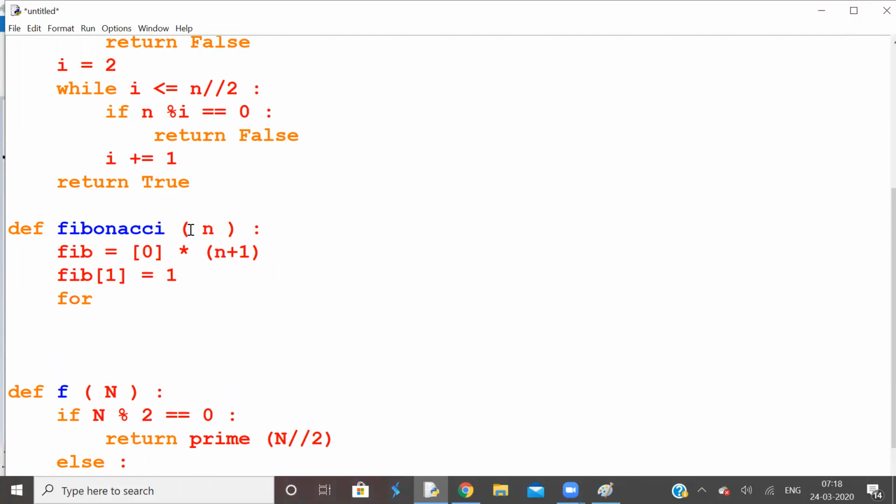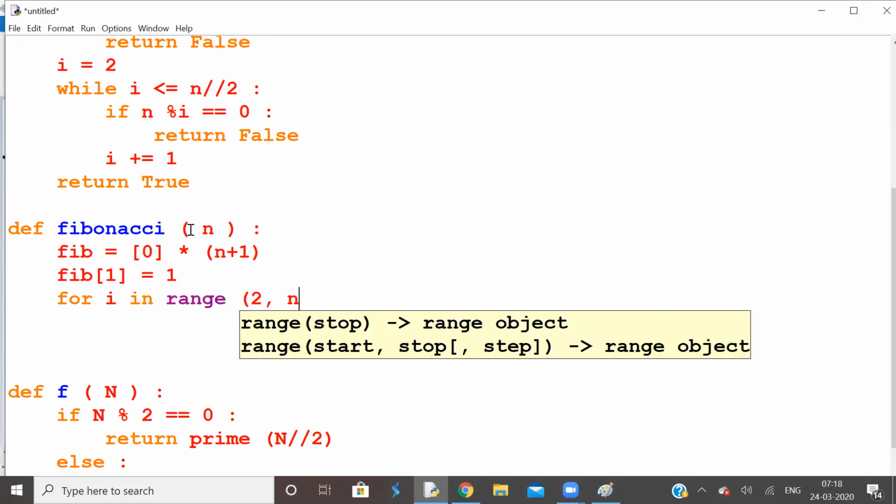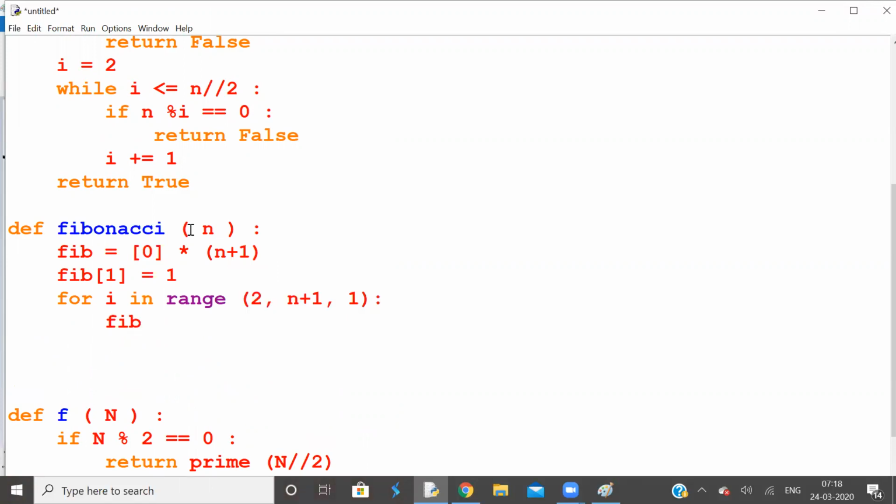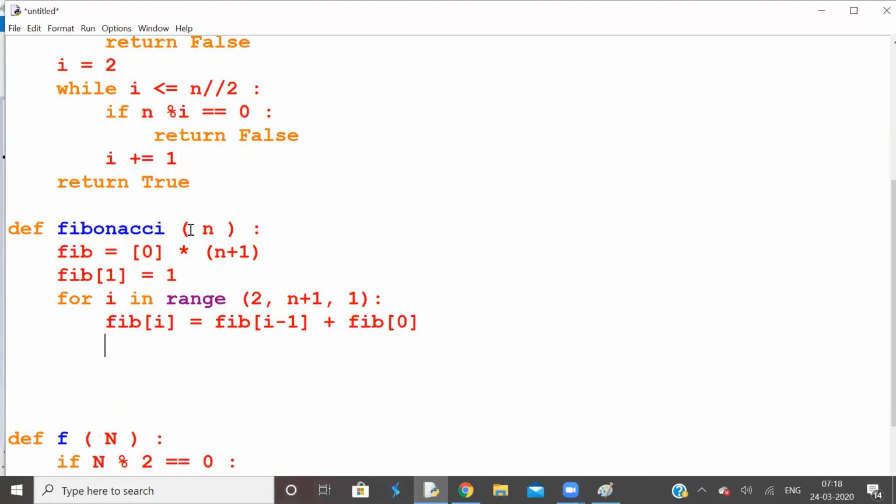Now for i in range 2 to n plus 1, that is 2 to n, fib i is equal to fib i minus 1 plus fib i minus 2. So fib 2 is equal to fib 1 plus fib 0. Fib 0 is 0 and fib 1 is 1, so fib 2 is also 1. Now return fib n. So everything is done.